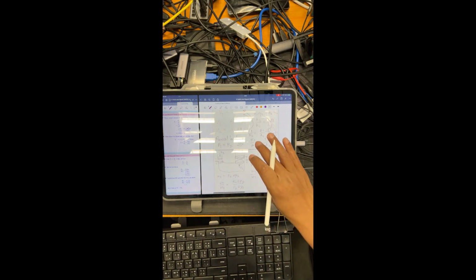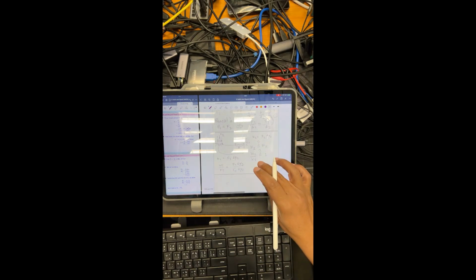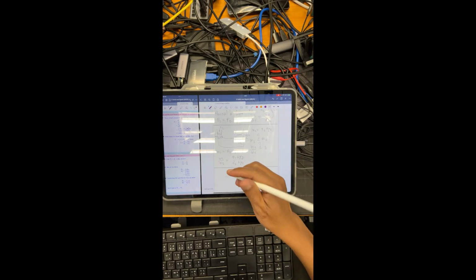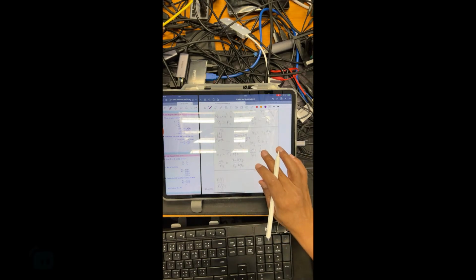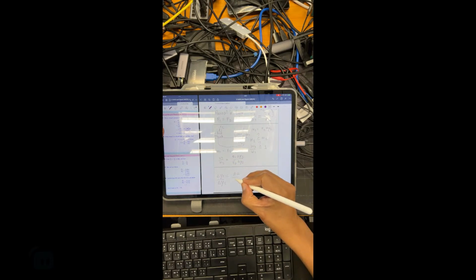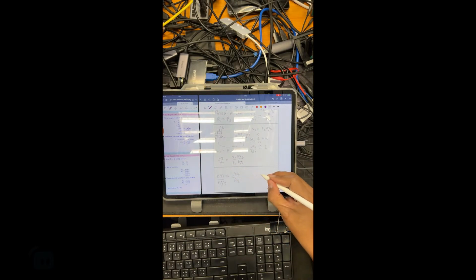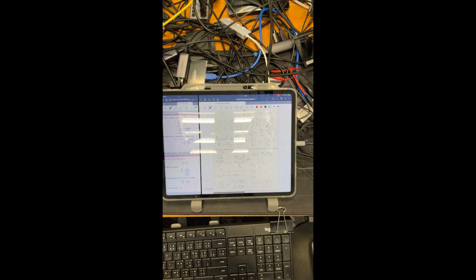The first equation says that delta Y1 by delta Y2 equals A2 by A1. That's equation number 3. And here is equation number 4. And in equation number 2, they say that F1 by F2 is A1 by A2.